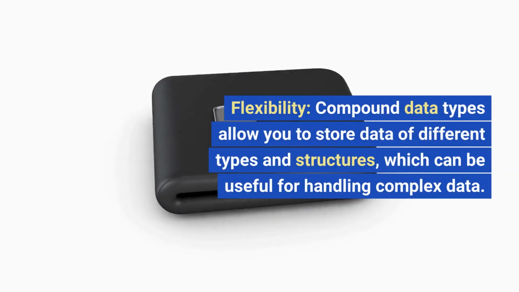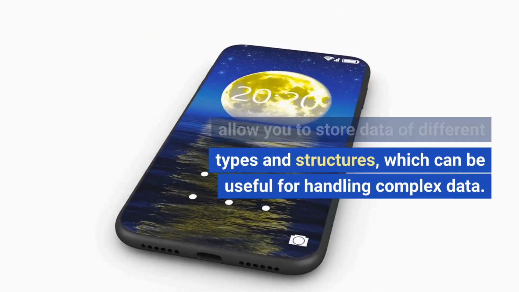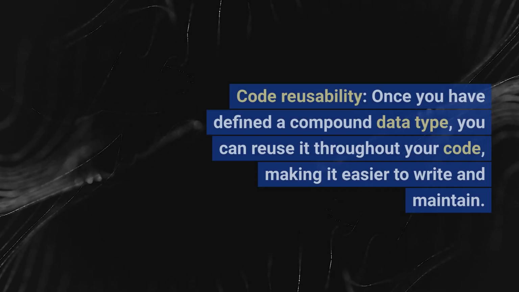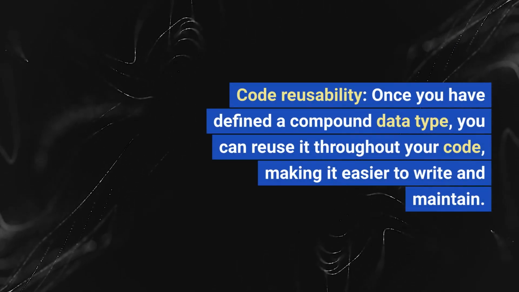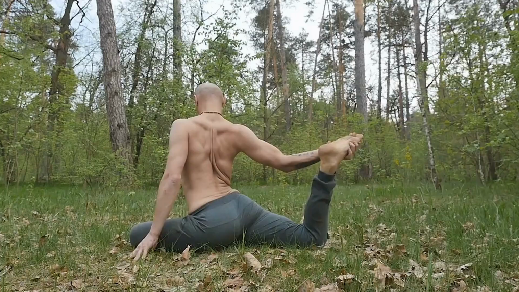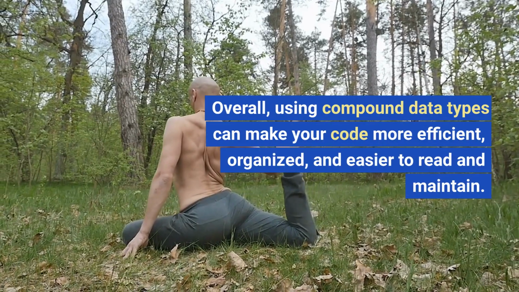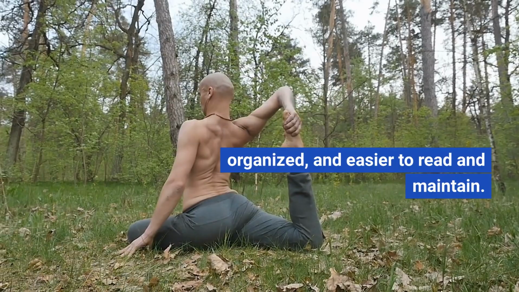Compound data types allow you to store data of different types and structures, which can be useful for handling complex data. Code reusability. Once you have defined a compound data type, you can reuse it throughout your code, making it easier to write and maintain. Overall, using compound data types can make your code more efficient, organized, and easier to read and maintain.